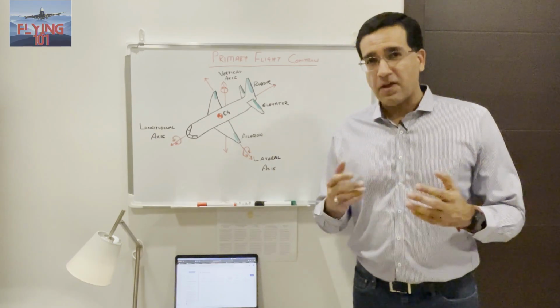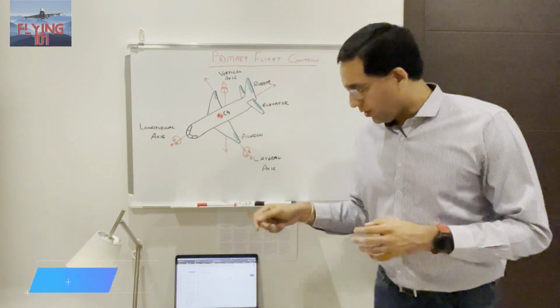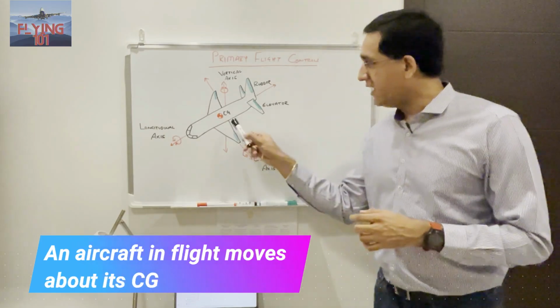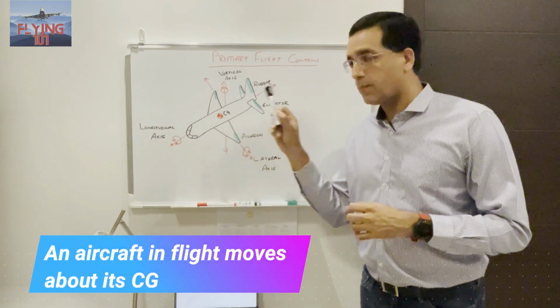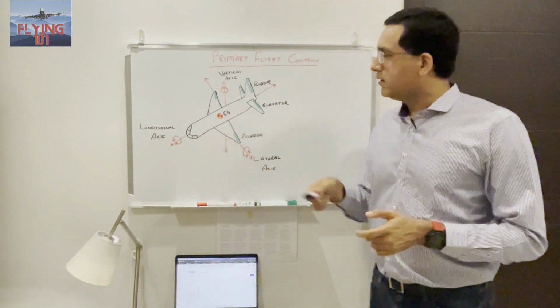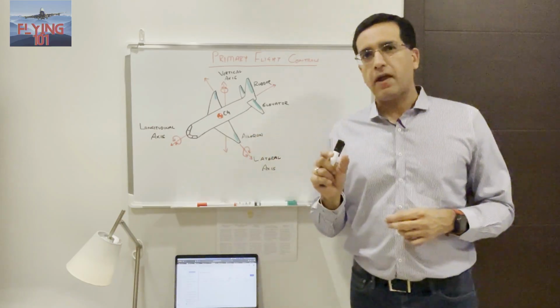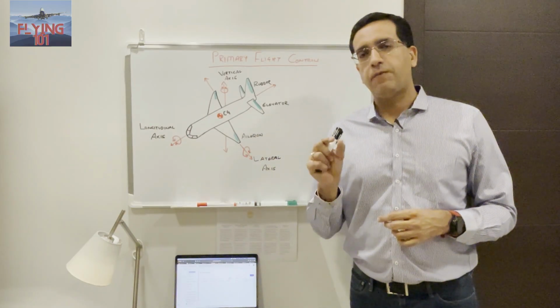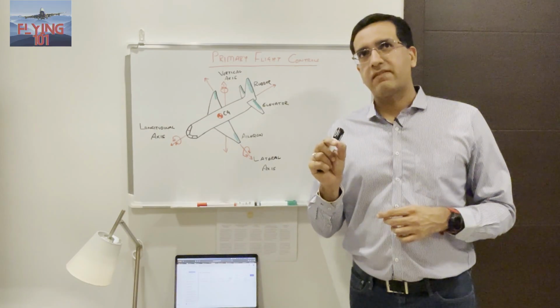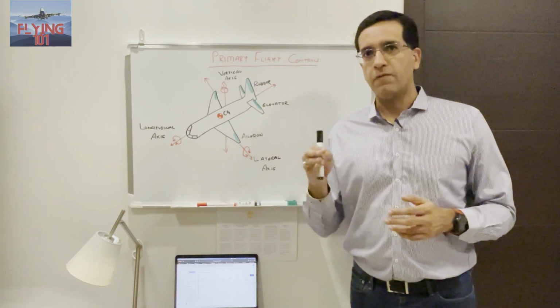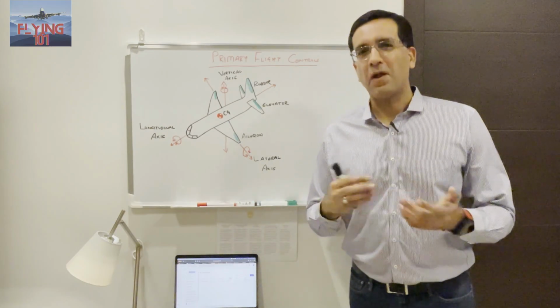So an aircraft has a center of gravity too, which is depicted as CG, that point over there. And the center of gravity of an aircraft is actually not a fixed point, it's dynamic. So it moves depending on the loading of the plane.